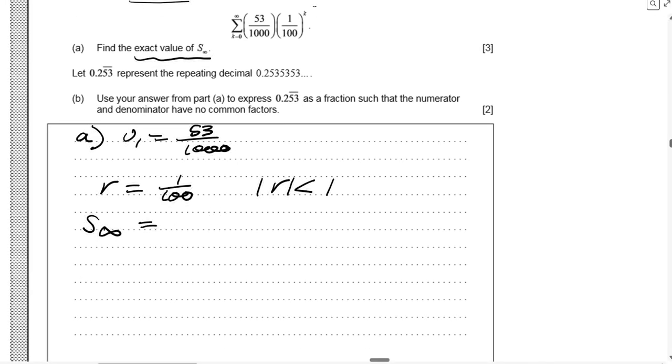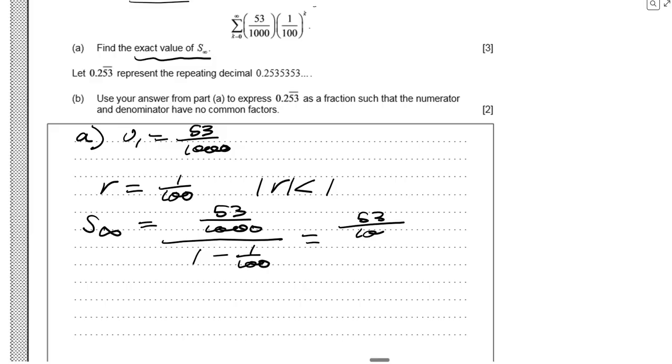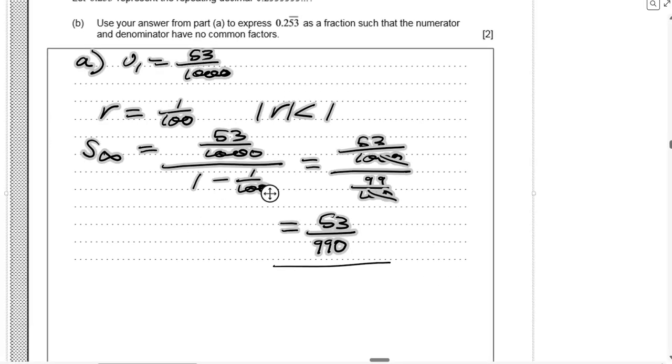And so all we have to do is 53 over 1000 divided by 1 minus R. And so I get 53, and they say exact value, so no calculator in this case. 99 over 100. 100 comes up, so we have that. And so what I get is 53 over 990. So that should be our answer for part A.